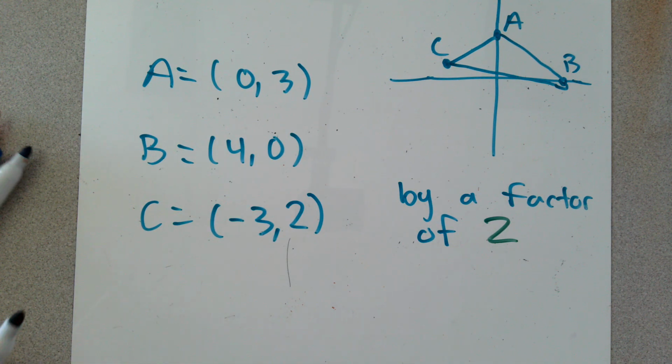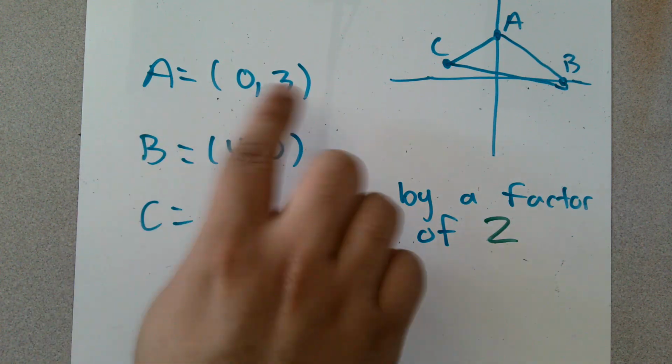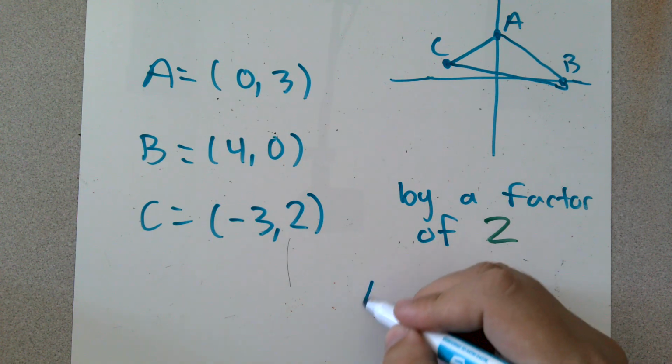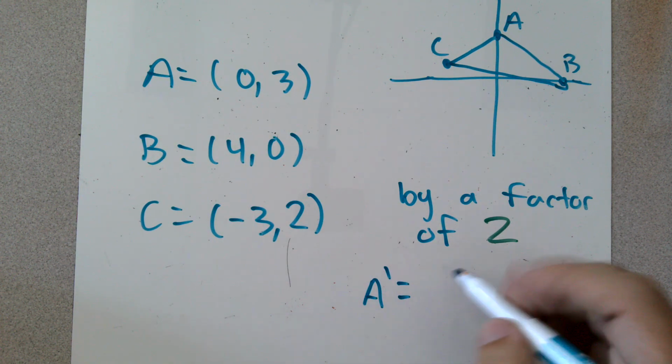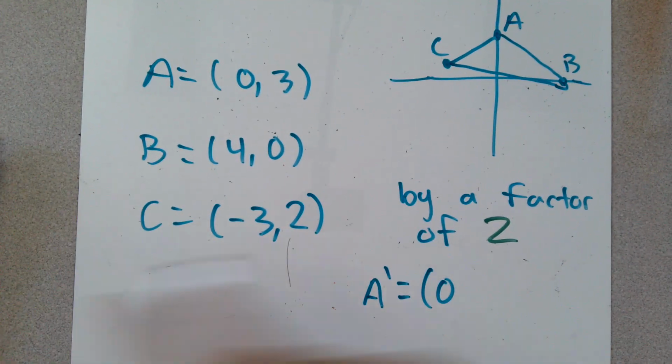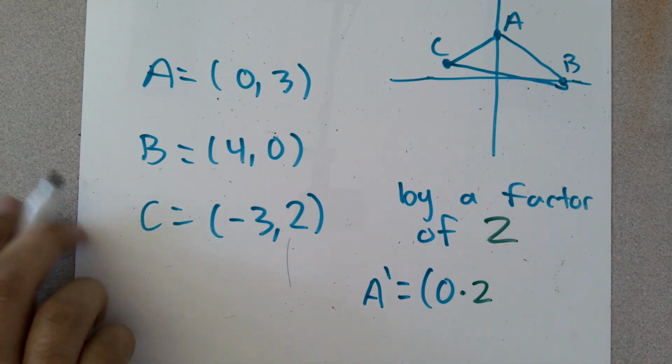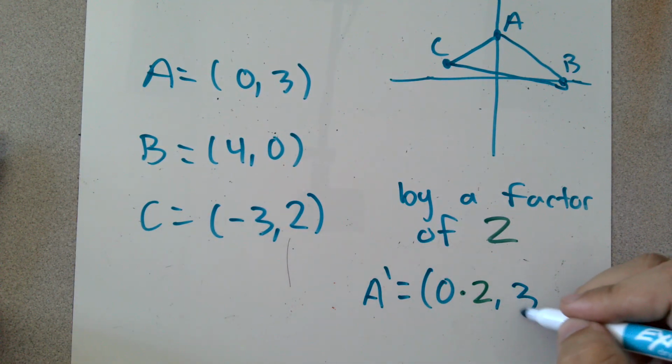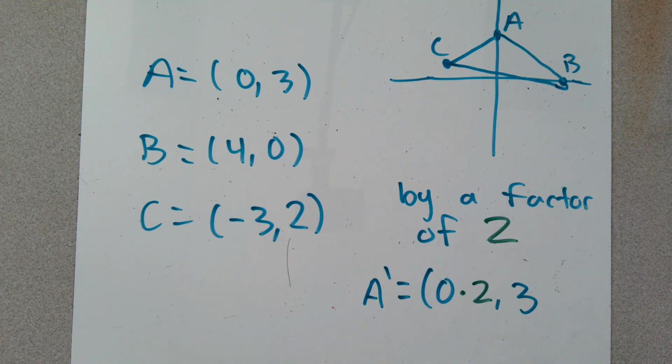Sorry, I was looking for another color. I'm going to take each of these points. My new point will be at 0 times 2, comma 3 times 2. This will give me my new coordinates for all of them.